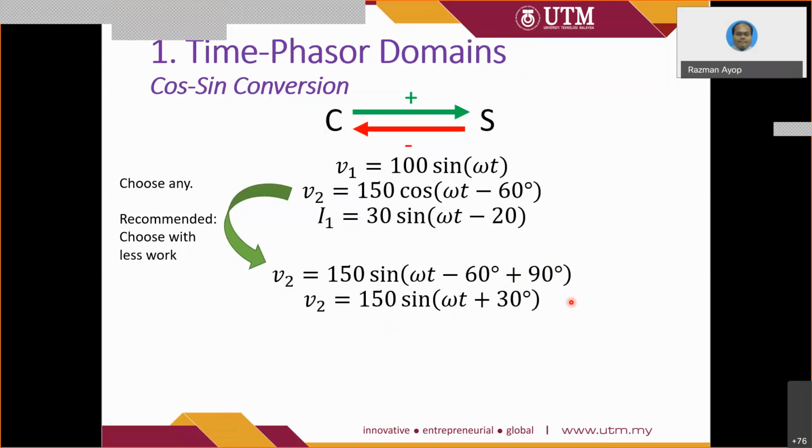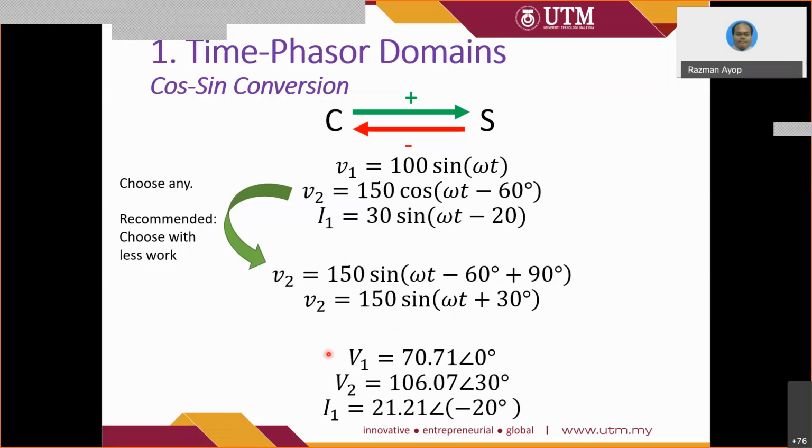So after you get all the cos and sin in the same form, all in sin, you convert to phasor domain. When you convert to phasor domain, make sure that you divide by square root 2. For example, V1, you have 100 divided by square root 2, you get 70.71, and then copy back the angle.